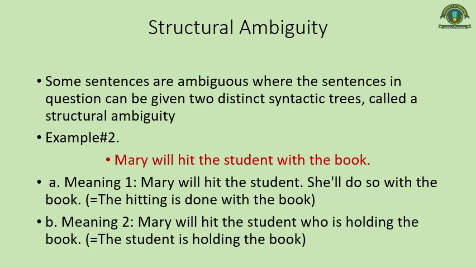Now, the sentence is the same, but it is giving two different meanings. So just because of the structure of this sentence, it is creating ambiguity, because the meaning is not clear whether Mary will hit the student with the book, or Mary will hit the student who is actually holding the book. So the structure of this sentence is ambiguous, hence it is called structural ambiguity.